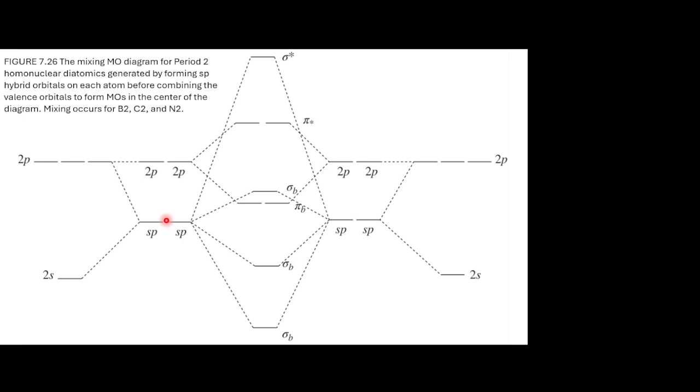So this mixing was just hybridization being applied after you make your molecular orbitals. And you can see that this next sigma ends up boosted, and that's because it has a lot of p character in it, doesn't it? Whereas this sigma gets lowered right here.